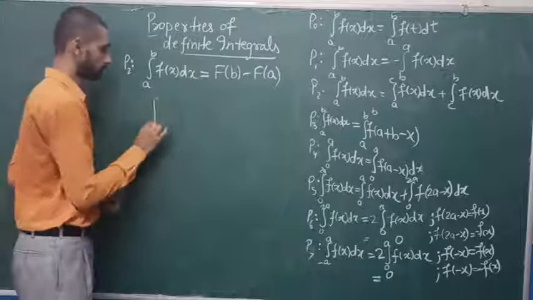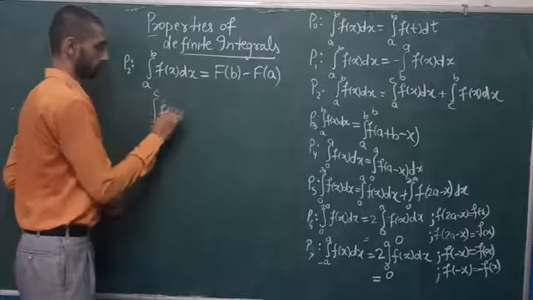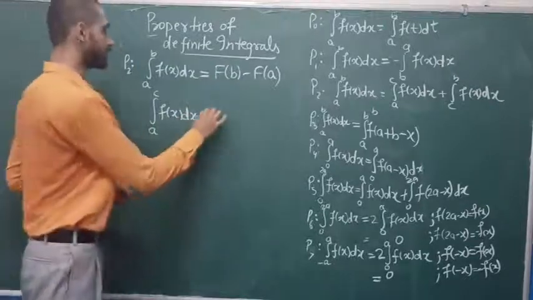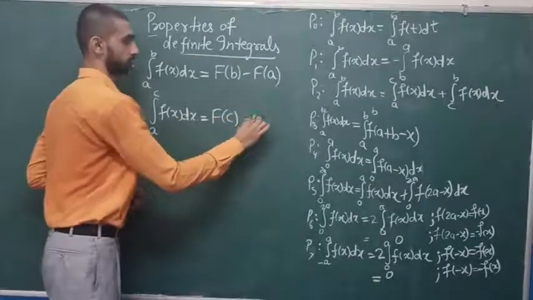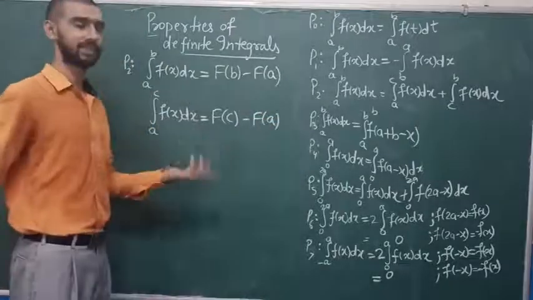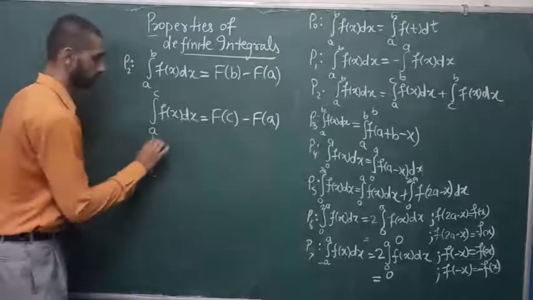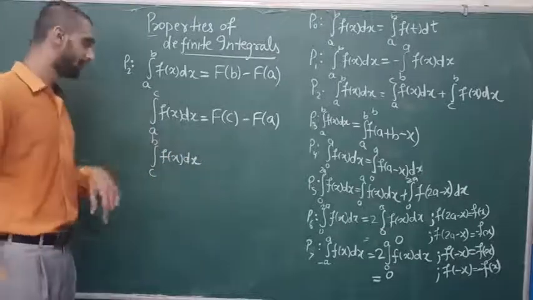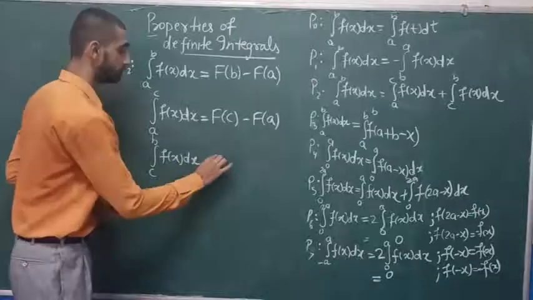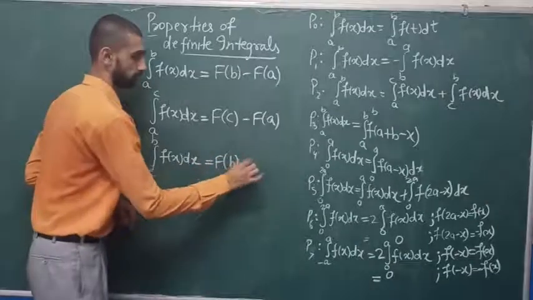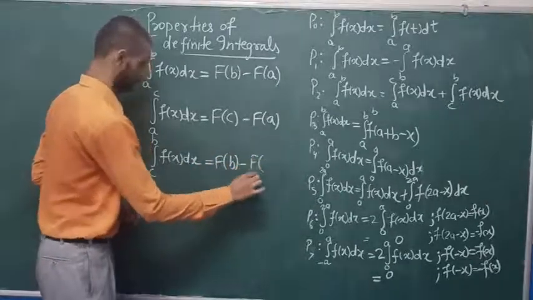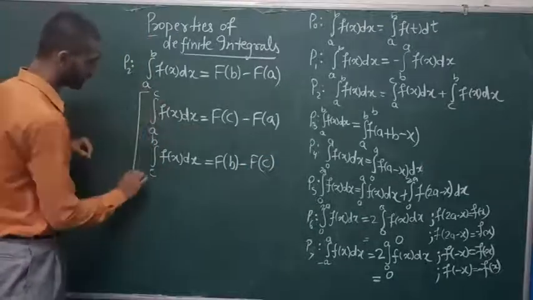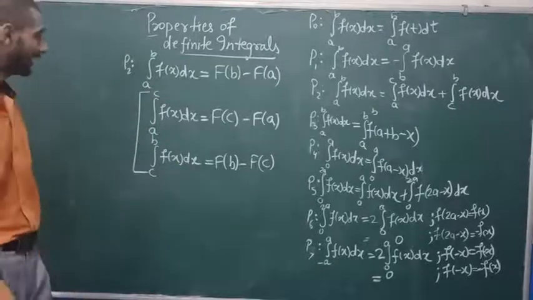Similarly, for A to C the value is, and in the same way we can write for C to B fx dx. The value will be. Now you can see if you add these two, what you will get?